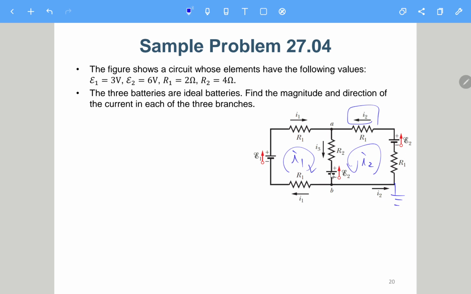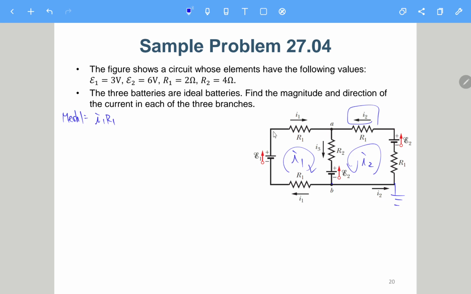So let's see. For mesh one, let's start from here. Here is I1, R1, and then this is E1.